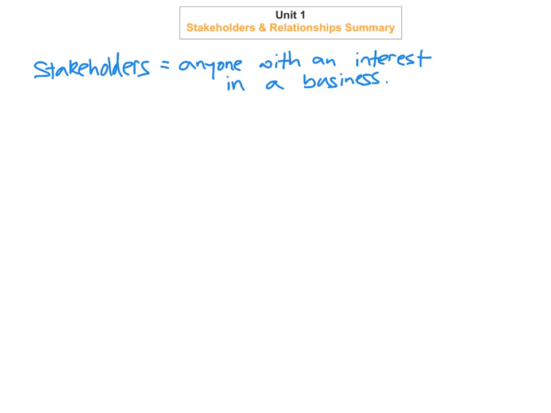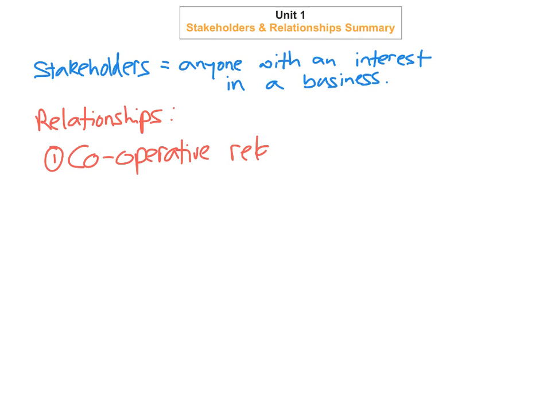Okay, the next thing we're going to look at is relationships in business. So you can have different types of relationships with people in business, and the first one that you need to know is a cooperative relationship.